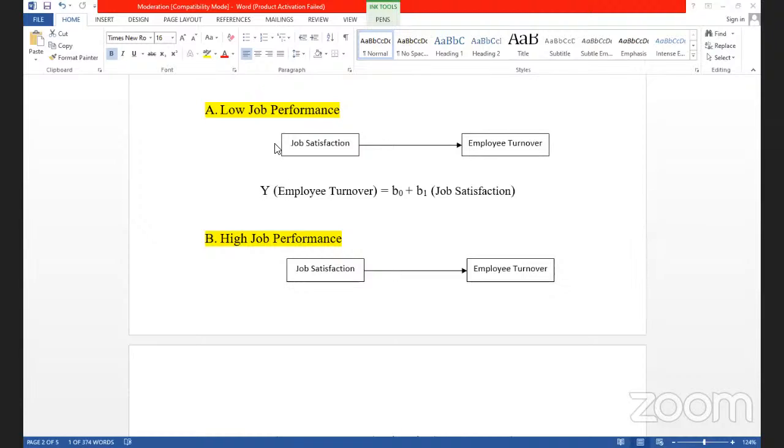So there may be a difference. There may be a possibility that low job performers are not satisfied in the organization, and for high job performers, there may be a possibility that they are satisfied in the organization. So through the interaction effect, we want to check whether these people are satisfied or not.